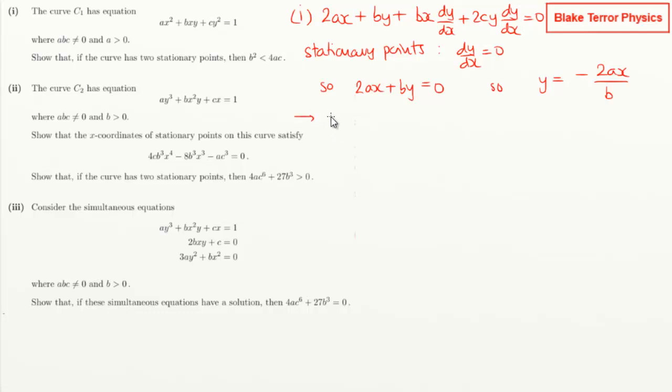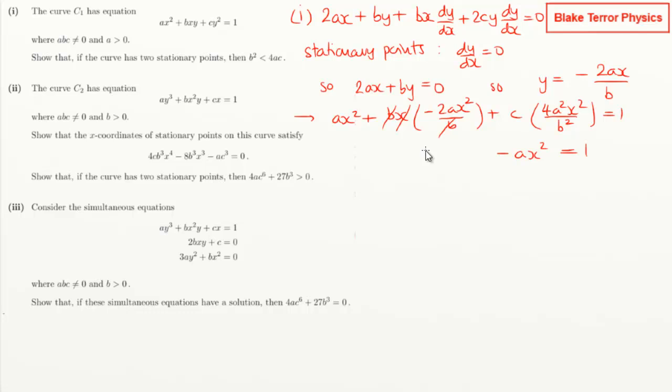So that is going to give ax squared plus bx times minus 2ax over b plus c times 4a squared x squared over b squared is equal to 1. Okay, so I can cancel that and that, make that an x squared. So I've got ax squared minus 2ax squared, so I've got minus ax squared equals 1, and then I've got this thing.